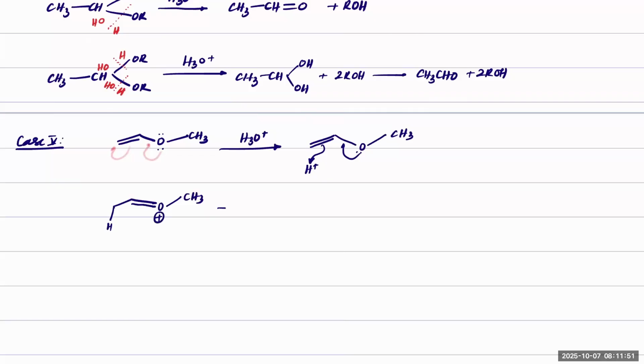And on hydrolysis, remember that you will be breaking on this side only. As you break here on this particular oxygen side, you will put H here and you will put OH here. By which the left hand side will convert into CH3CHO and the right hand side will convert into CH3OH.